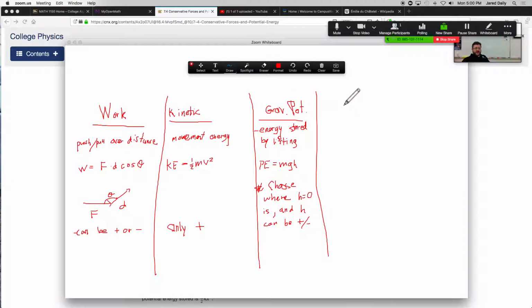Gravitational potential energy. And then the last one we've done is spring potential energy. And this is energy stored in a spring or some kind of springy material.